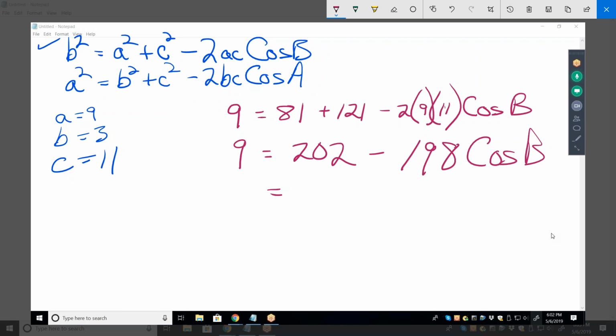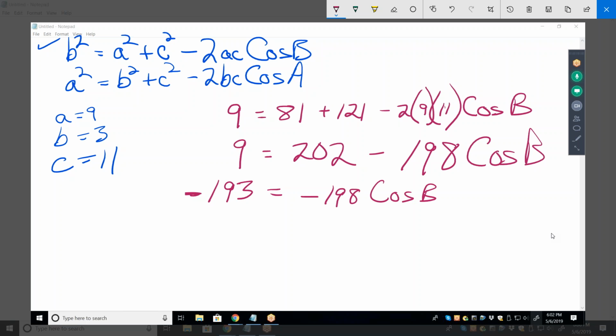So we take the 202 to the other side, where it becomes minus 193, correct? And that's equal to minus 198 cosine of B.